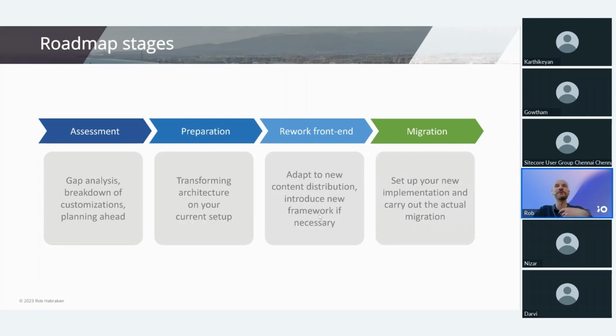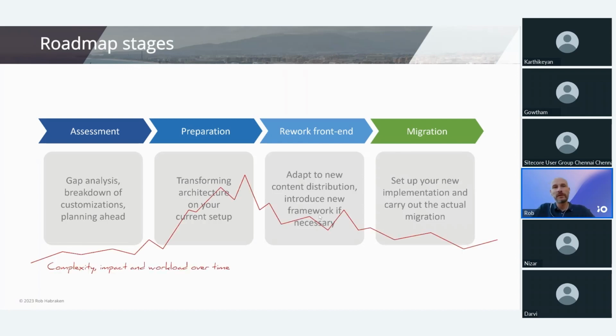Or migrating, which means you start with the implementation of your new Accent Cloud and you start migrating all the data over, which should then be compatible by that time. And I've drawn an imaginary line indicating the complexity, impact, and workload over time to show that I think the most work will probably be transforming your own architecture and then reworking your front end, obviously depending on your solution.